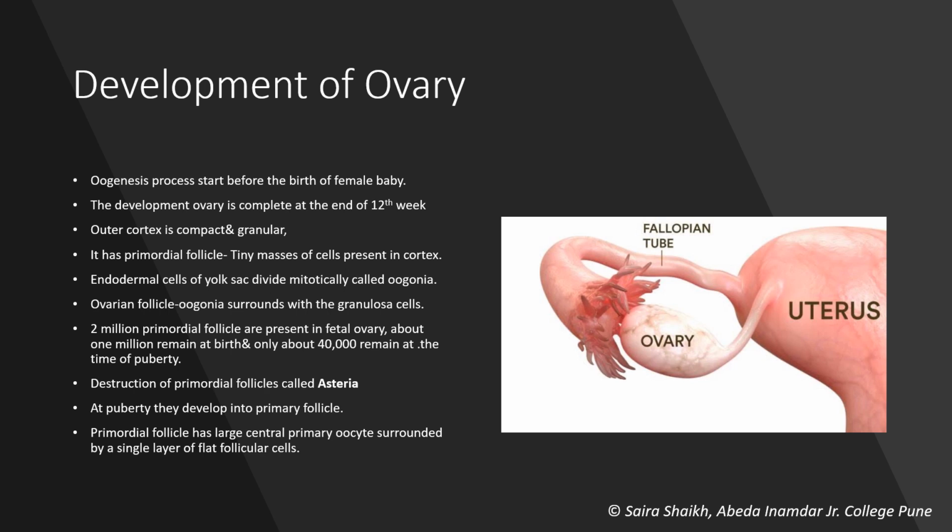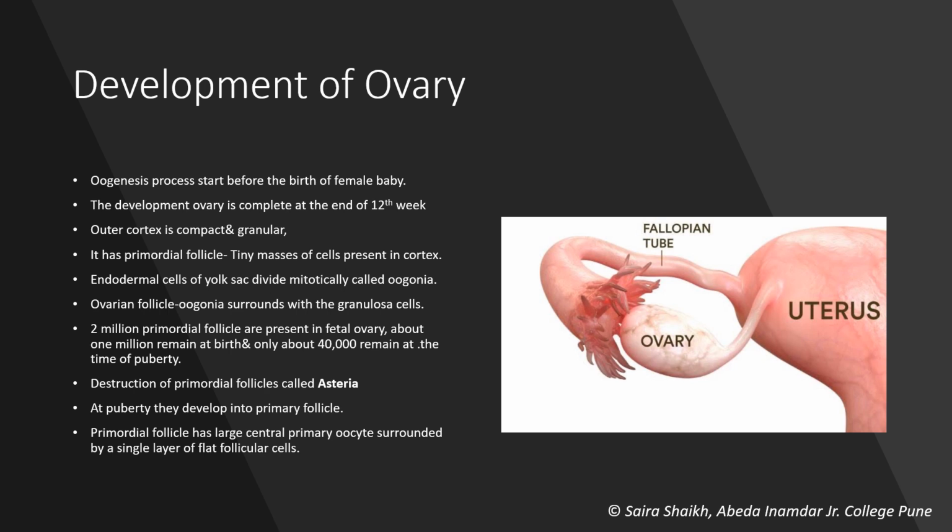This figure indicates that most of the primordial follicles produced in the female fetus get destroyed, and they are called atresia. These destroyed follicles are called atresia. At puberty, only 40,000 primordial follicles are present in the ovary. At puberty, these follicles develop.